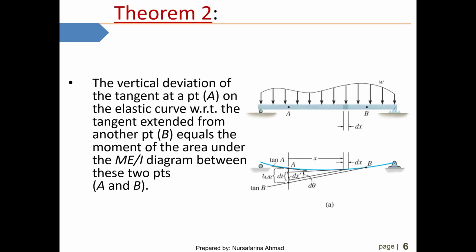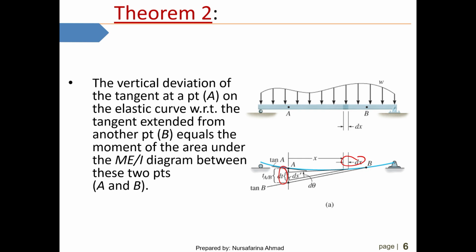Now the second moment area theorem, which is used to determine the displacement. This theorem is based on the relative deviation of tangents to the elastic curve. This figure shows the vertical deviation dt of the tangent on each side of the differential element dx.